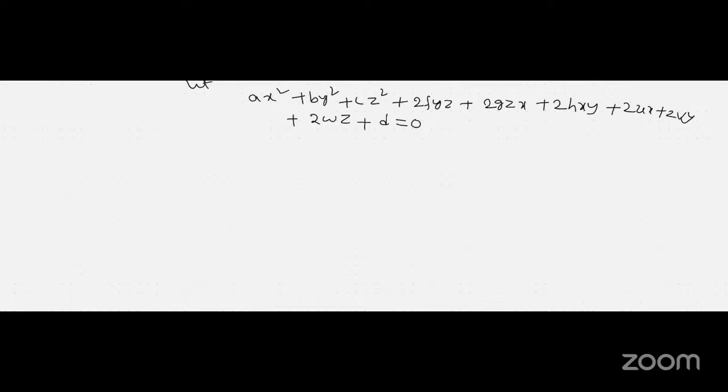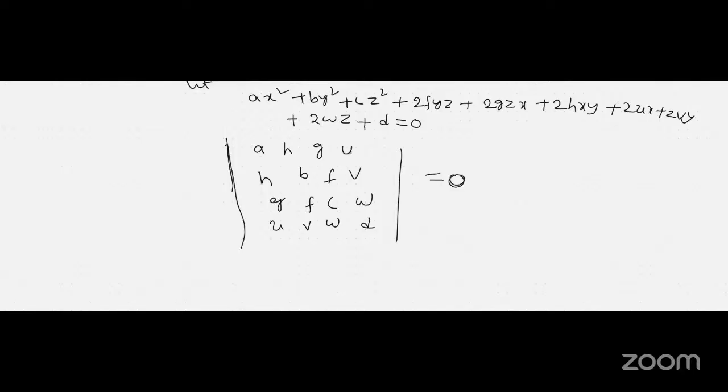The determinant with rows a, h, g, u; h, b, f, v; g, f, c, w; and u, v, w, d. If the determinant of it is equal to 0, then we can say that this second degree equation represents a cone.